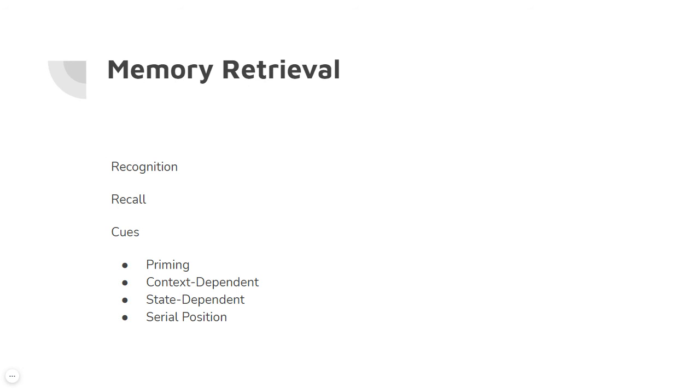So if you're in a bad mood, you tend to look at things negatively, and then you start to remember all of the times that things have gone bad in your life. If you're happy, you tend to remember all of the happy stuff. So that's the difference between context dependent and state dependent, or mood congruent, memory.